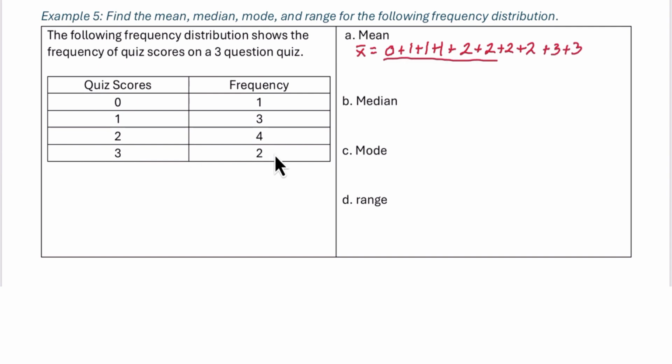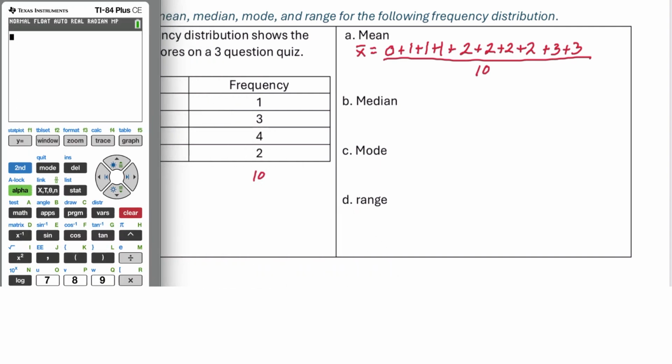And then we'll divide by the number of quiz scores. The number of quiz scores can be found by adding the frequency. 1 plus 3 is 4, plus 4 is 8, plus 2 is 10. So we'll divide by 10. 0 plus 1 plus 1 plus 1 plus 2 plus 2 plus 2 plus 2 plus 3 plus 3.